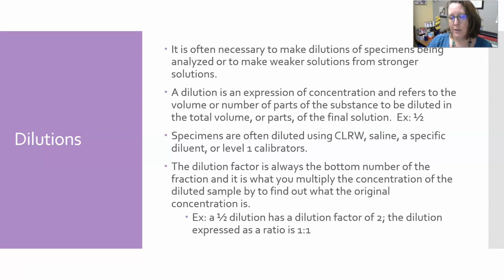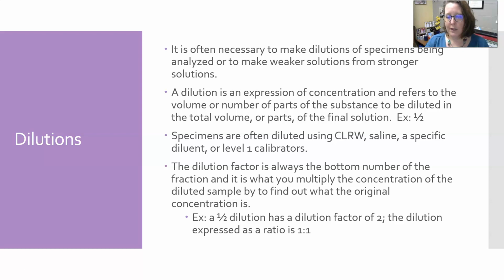So in a sample, for example, let's say a glucose, if it was too high to read, and you dilute it by half, so you do a 1/2 dilution, 1 part of your serum with your high glucose and 1 part of saline or water, and you mix it and you run it again, and you get a reading of 350 milligrams per dL of glucose, then that was your 1/2 dilution.